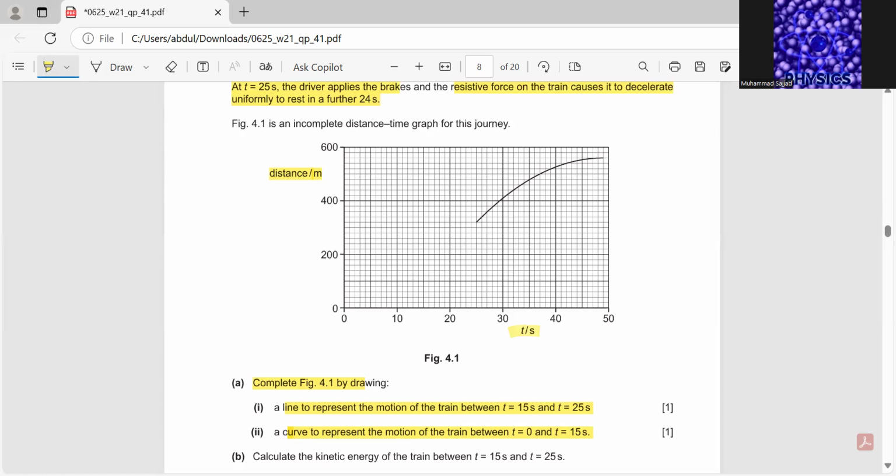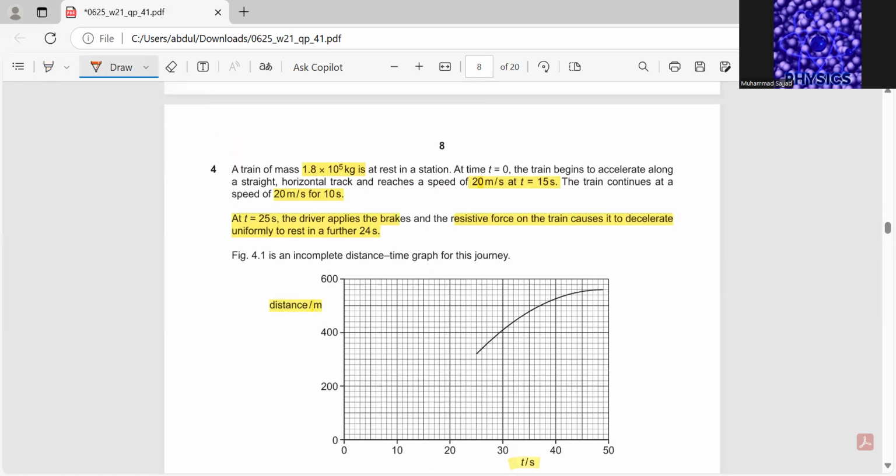Let's solve it. 15 to 25 seconds, because 15 plus 10 is 25. It moves at 20 meters per second. So position by marking 15 and 25.